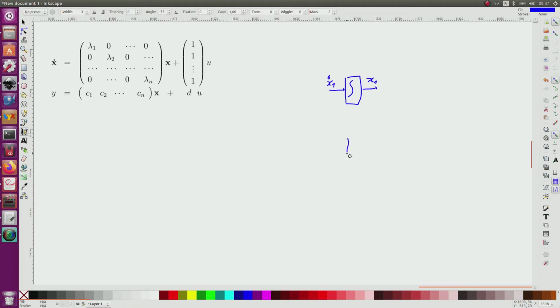Here I will have an integrator with x2, x dot 2, and so on. And I will have the last integrator, xn, x dot n.